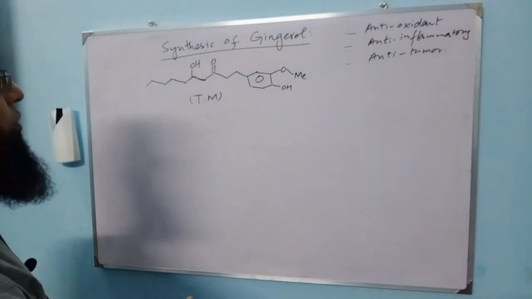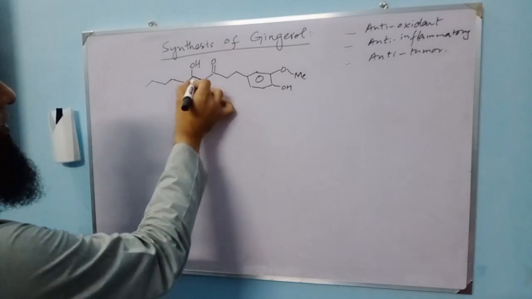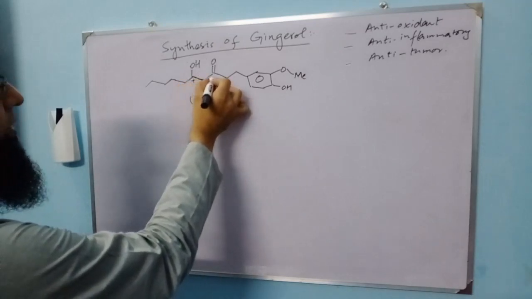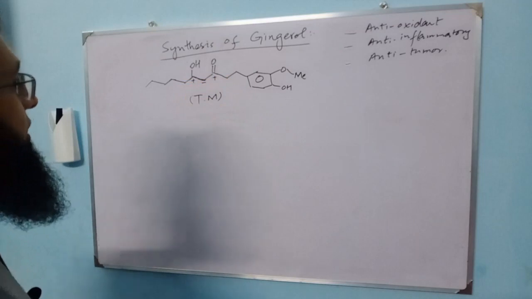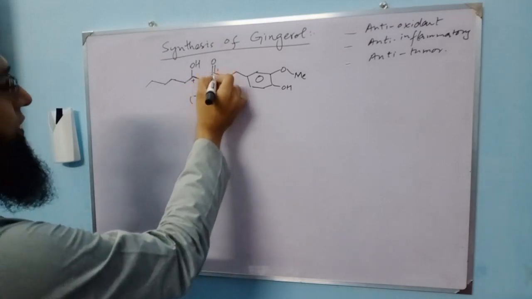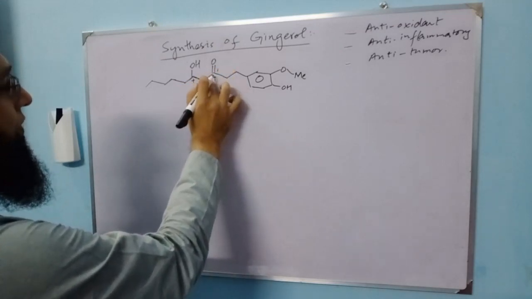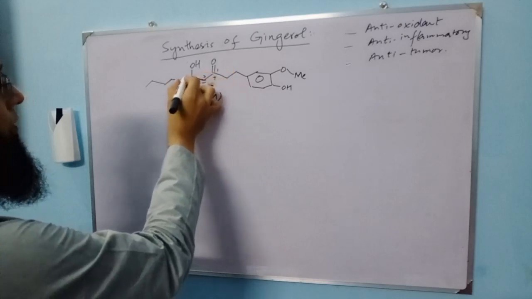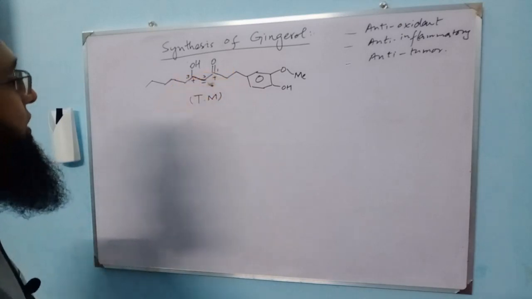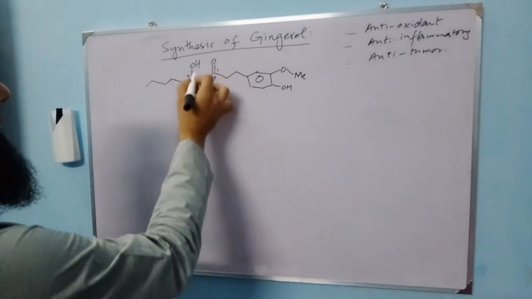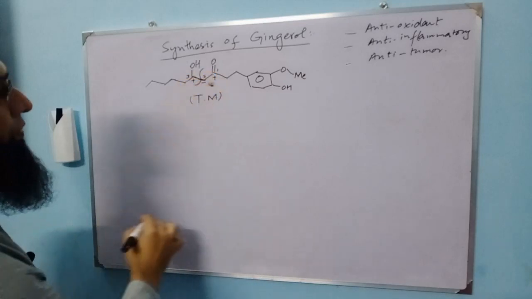Previously we studied latent polarities, so we add that here as well: positive, negative, positive. And what is the relation? This is 1, this is 2, this is 3, again a 1,3 relationship, and then we can disconnect from here.